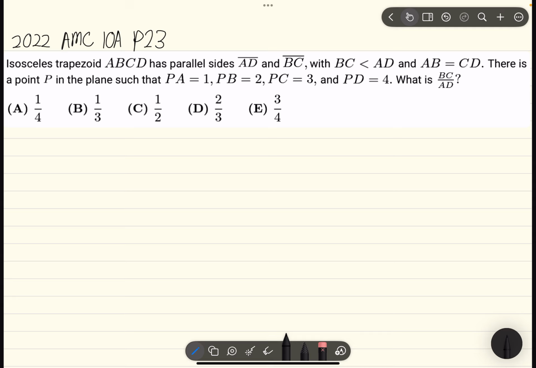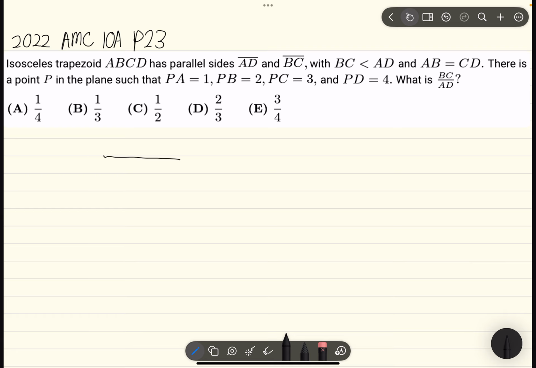So let's first draw a diagram or a graph, whatever it is called. Because for any geometry problem, even if it is problem 23 and you don't think you can do it, let's just first visualize what this problem looks like. So we have an isosceles trapezoid with parallel sides AD and BC, and BC is less than AD.